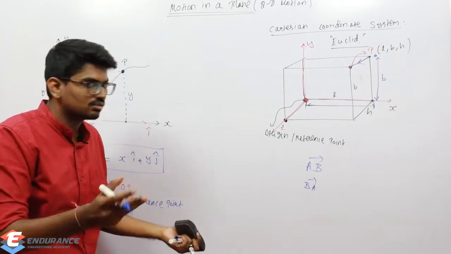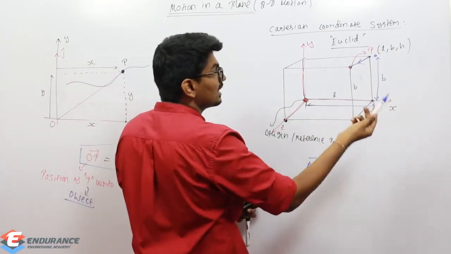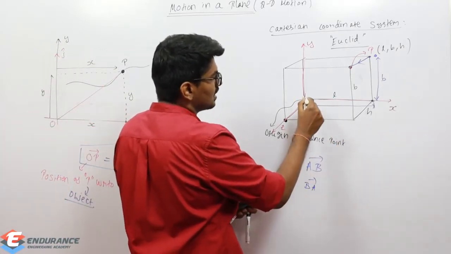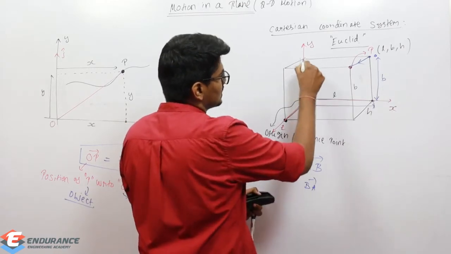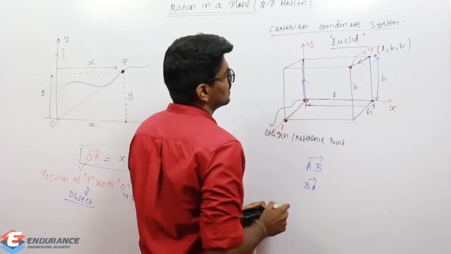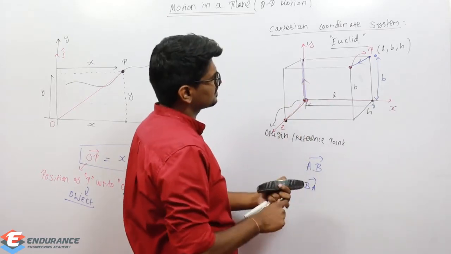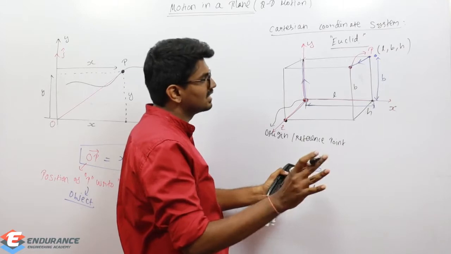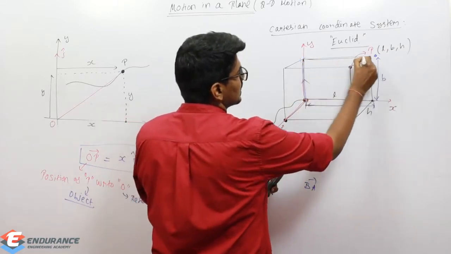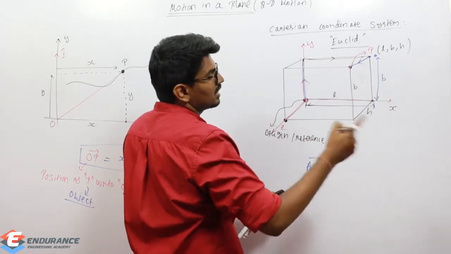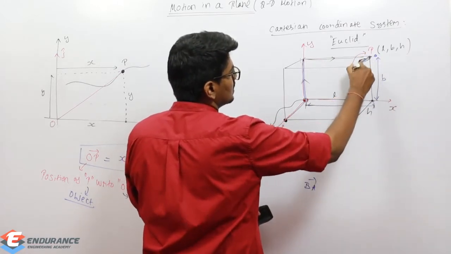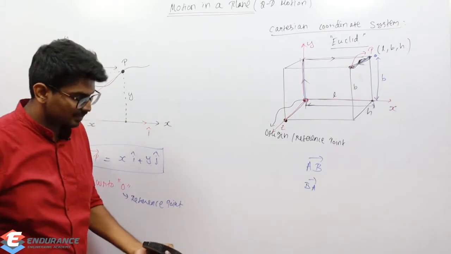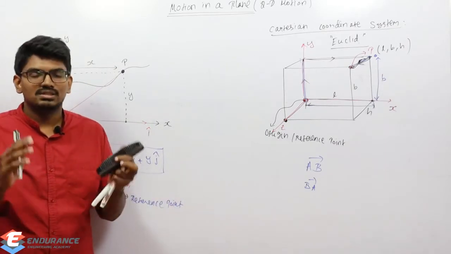You can vary the order also. For example, first you can start with B. I am traveling B amount in the y direction, then I am traveling L amount in the x direction, then I am going to travel H amount in the z direction, and I will end up at the point P. So it is a very simple concept.